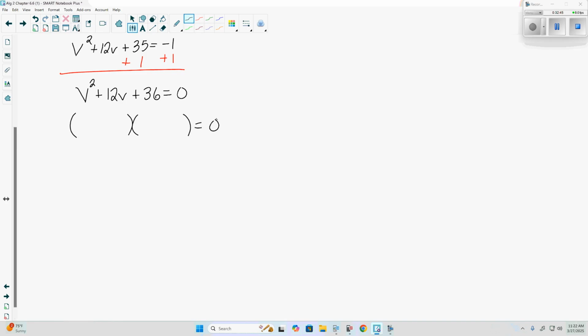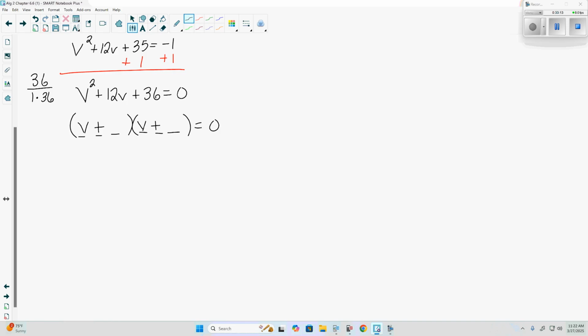So we'll have our two sets of parentheses with 3 spaces because there is no greatest common factor between v squared, 12v, and 36. Since the third term is positive, our signs are the same and match the sign of the middle term. Factors of v squared are going to be v and v, because that's the only set of factors for v squared.